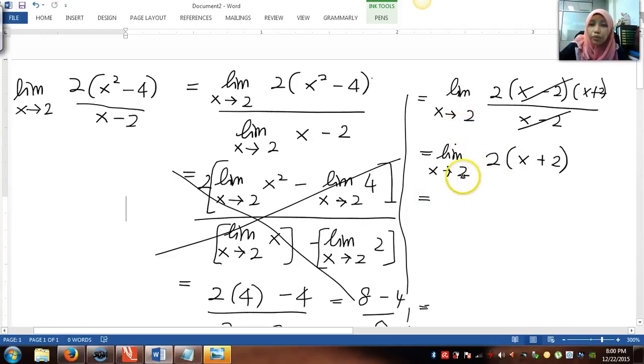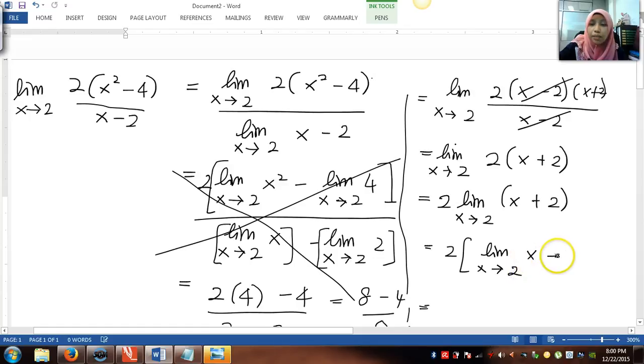Then what we have to do is move the 2 outside the limit, so that we have x plus 2 there. Then we separate the limit as x approaches 2 of x plus the limit as x approaches 2 of 2.